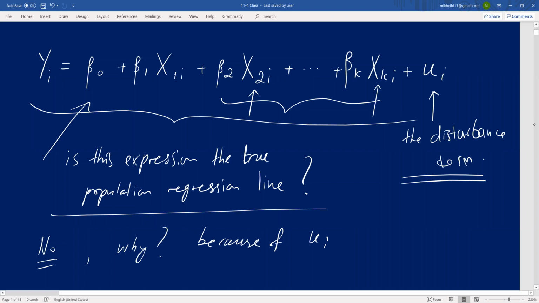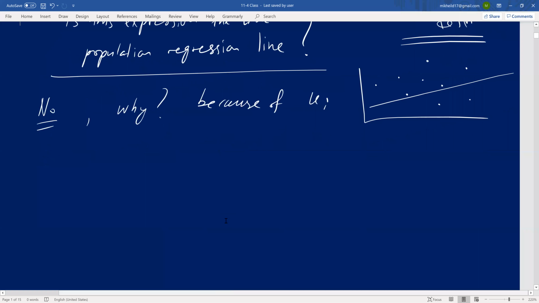So if you think carefully, you will see that this expression here gives you all of the points in the population, right? And of course, there is a true population line, they call it the true population line, that is closest to all of these points. Can you give me the expression of the true population line?